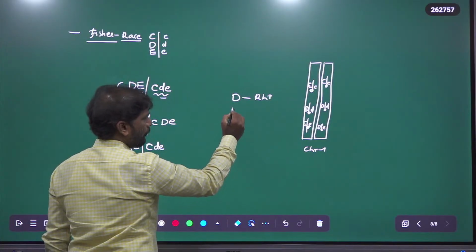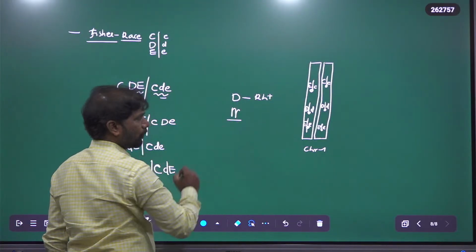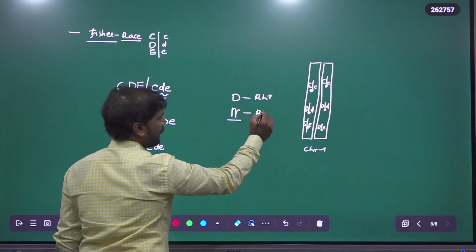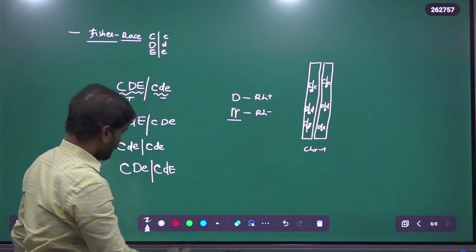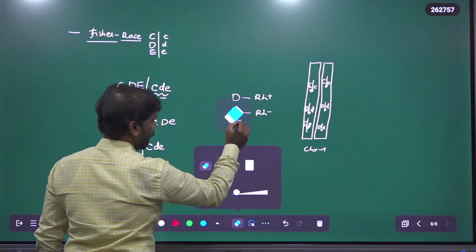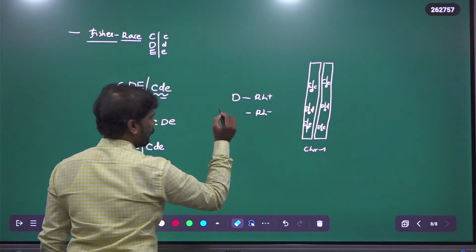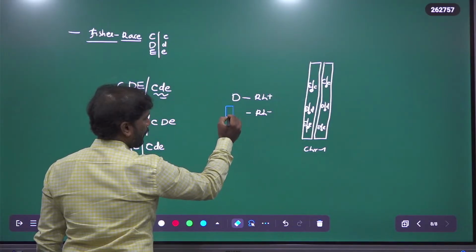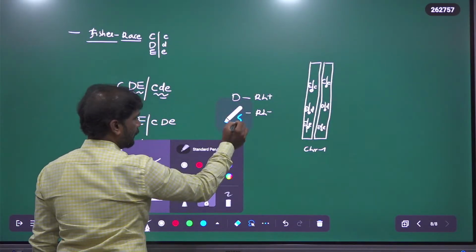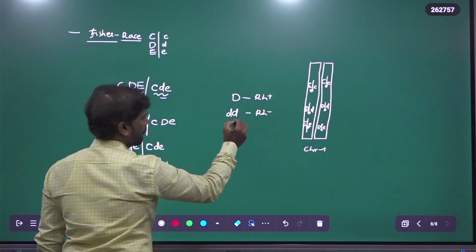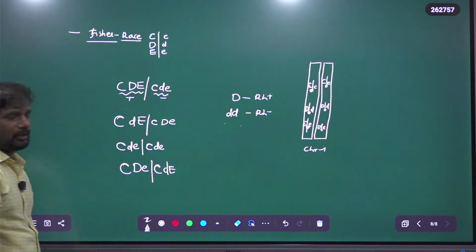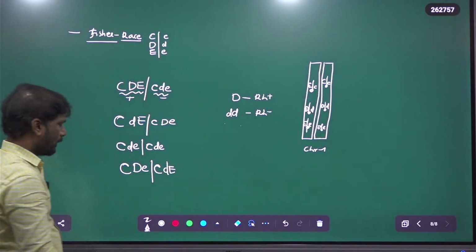Where recessive homozygous small d is present, it indicates Rh negative.